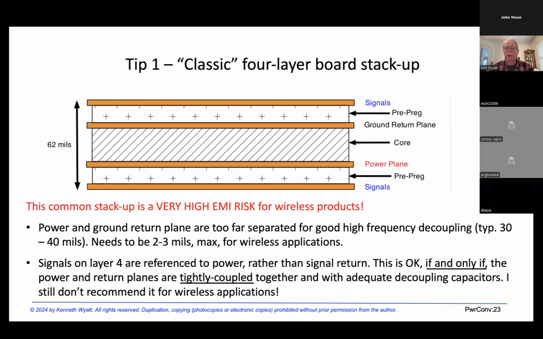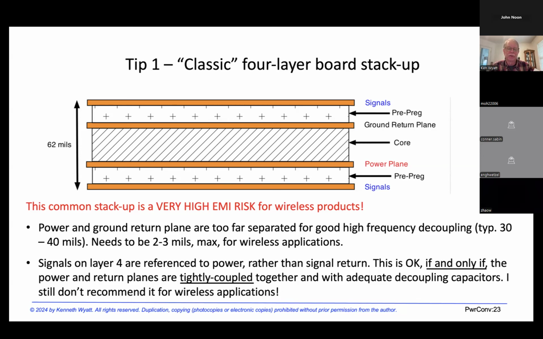And the problem is the bottom 2 layers, signals are referenced to the power plane, which will trap that electromagnetic wave okay, but how are the return currents going to return back to the source, which is probably on the top side of the board? And so it really requires a lot of decoupling capacitors to couple that return plane and the power plane together tightly.